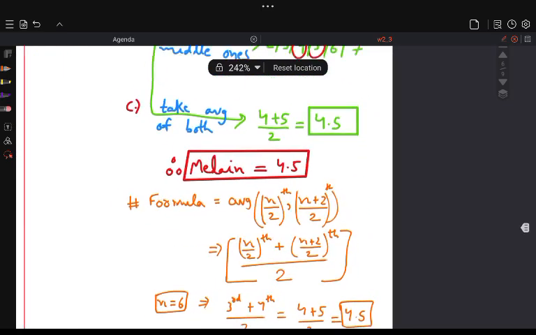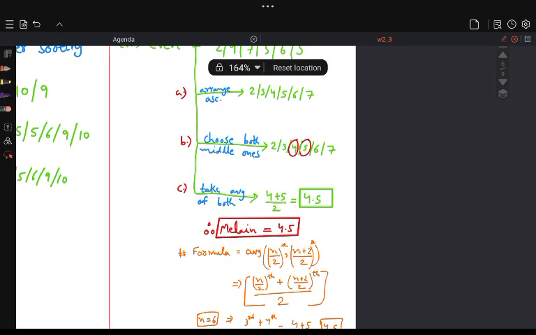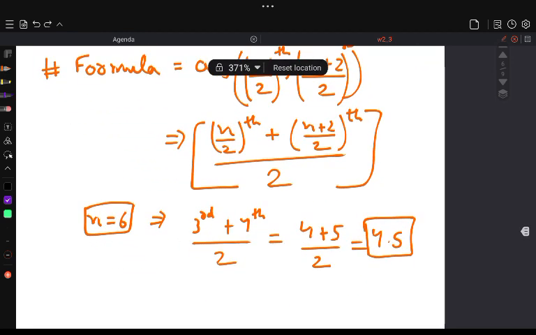The formula is simple here also, as in this case n is 6. So n by 2 position, 6 by 2, that is third position, and (n plus 2) by 2 position, this is 6 plus 2, that is 8, divided by 2, that is 4. So third plus fourth position divided by 2.